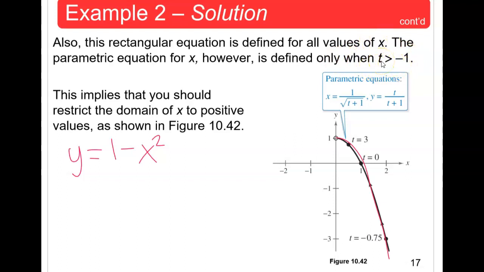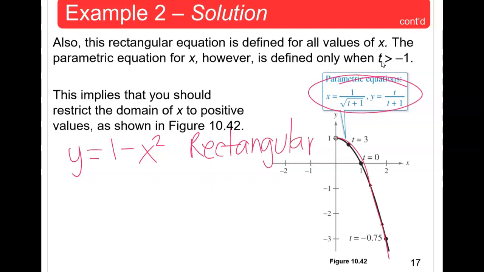Let's see why. So if we were to put a number here in the first parametric equations, remember this is the rectangular after eliminating the parameter. So the other ones here are the parametric equations.